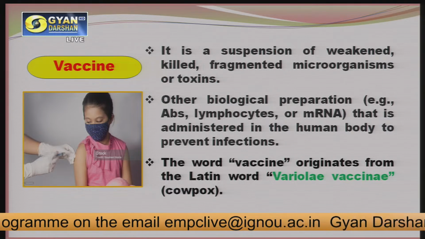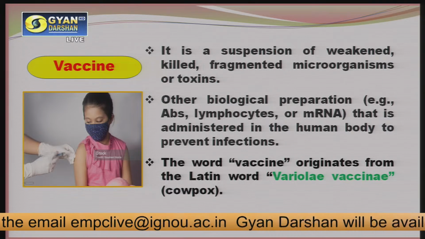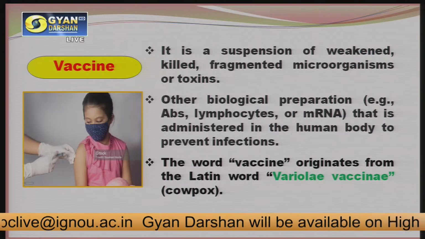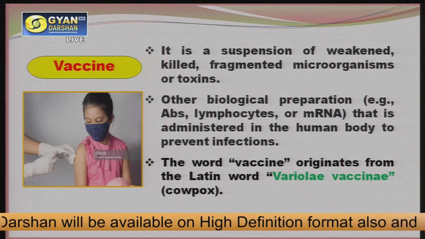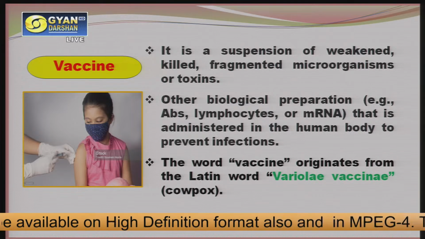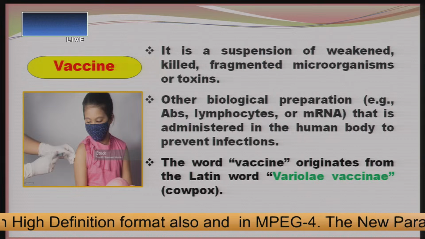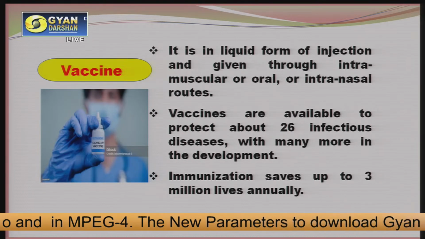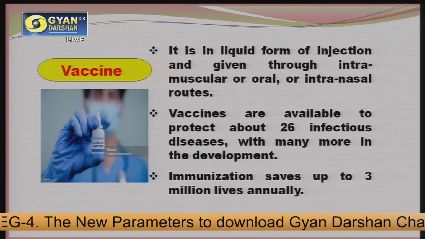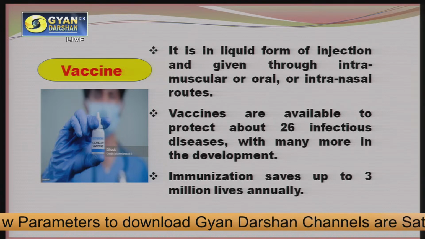Various biological preparations like messenger RNA and antibodies, basically monoclonal antibodies, we can utilize to treat infection. The word vaccine originates from the Latin word variolae vaccinae, the cowpox. It is a liquid form of injection and is given through the intramuscular, oral, or intranasal route.